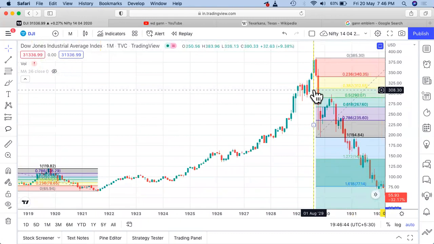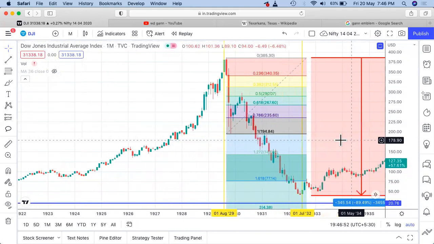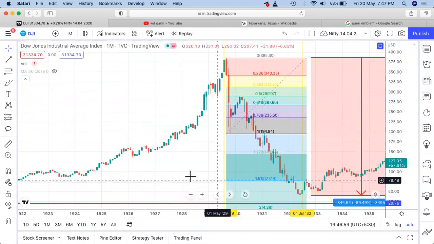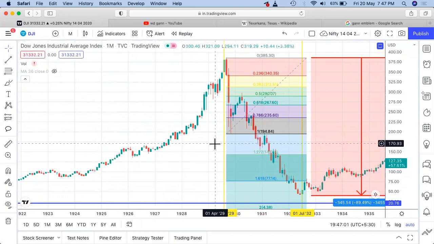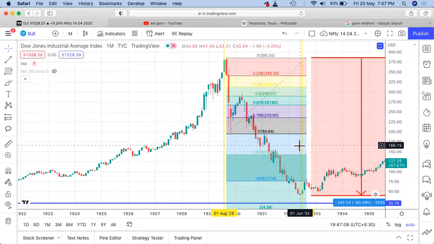The high was exactly 386, and from that it gave a Fibonacci return and came down right till 1.618 levels. So it reached a level of 40. There was a huge fall from 1929 till 1932, that is June 1932, and the second low in June, July ended in August 1932.